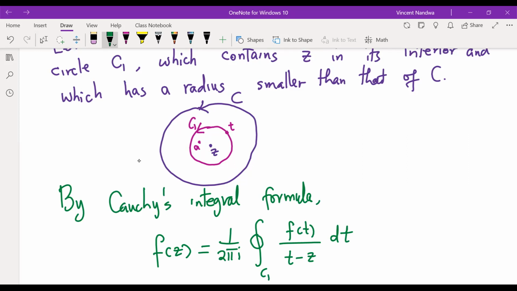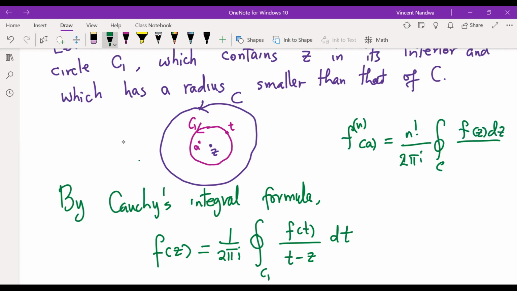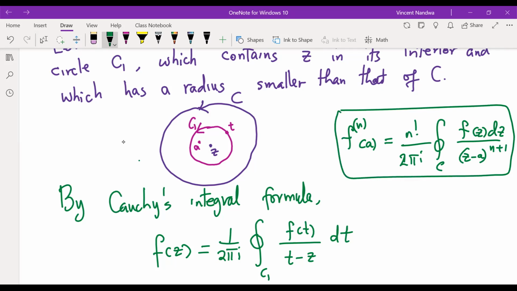Remember, generally the Cauchy integral formula says the nth derivative at a point a is n factorial over 2 pi i times the integral along a certain circle of f of z divided by z minus a to the power n plus 1. Remember the zeroth derivative is the same as the function itself. So this general formula is what gives us this expression for f of z.